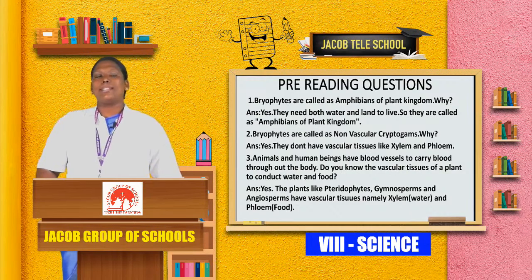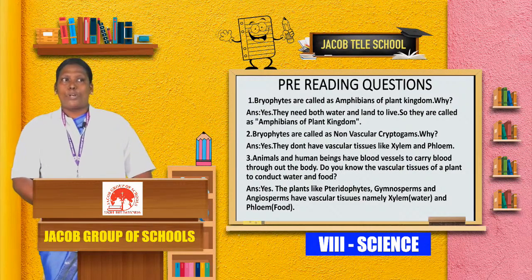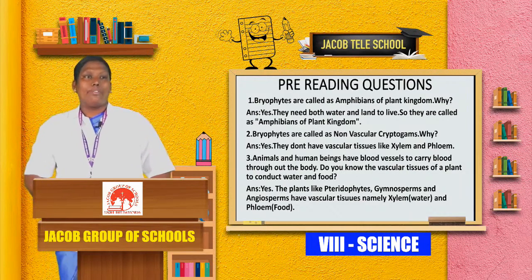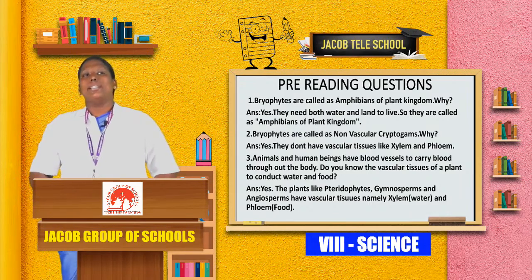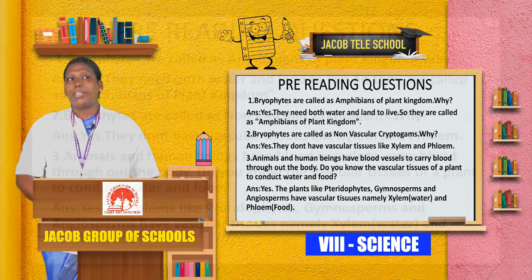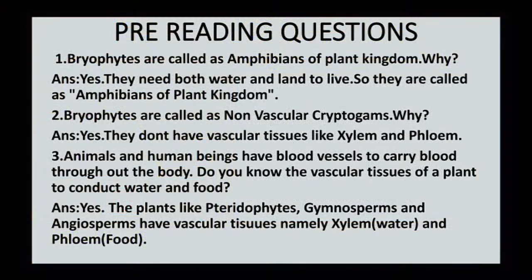Yes, the plants like pteridophytes, gymnosperms and angiosperms have vascular tissues, namely xylem conducting tissue water and phloem conducting tissue food. Now here I have given pteridophytes, gymnosperm, angiosperm. In these three plants they are having xylem and phloem. அப்போ எந்த பிளான்ட்ல xylem phloem இல்லை, bryophytes ல இல்லை.